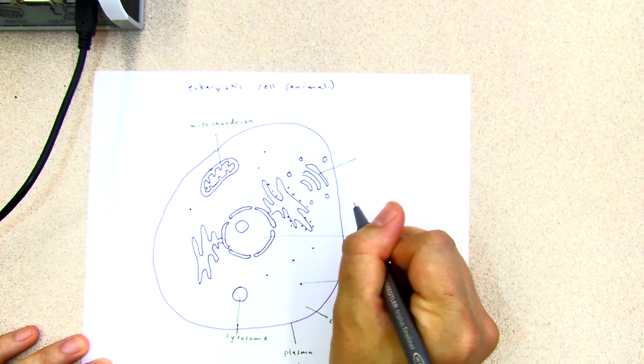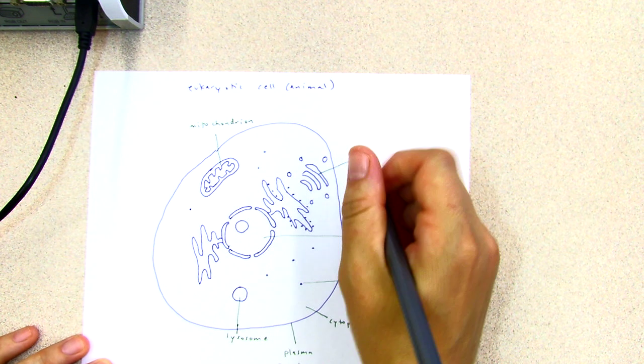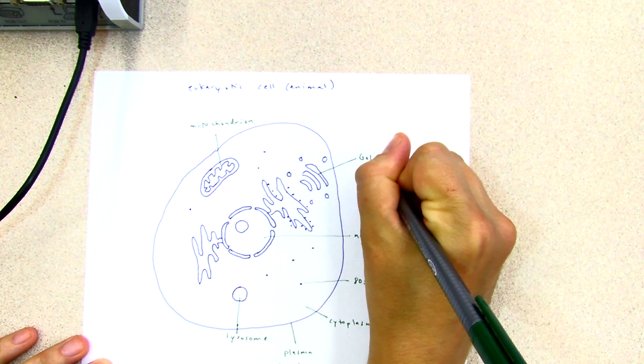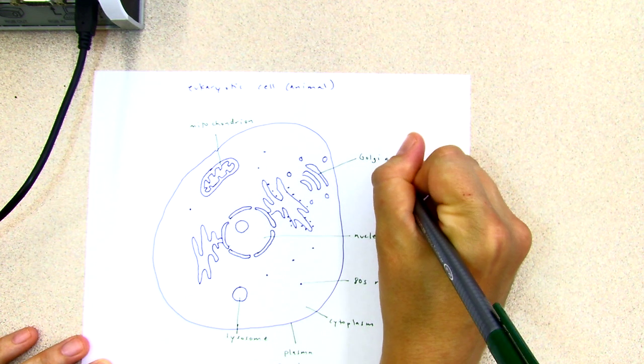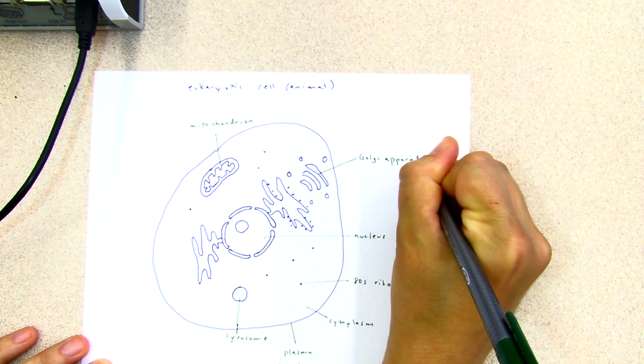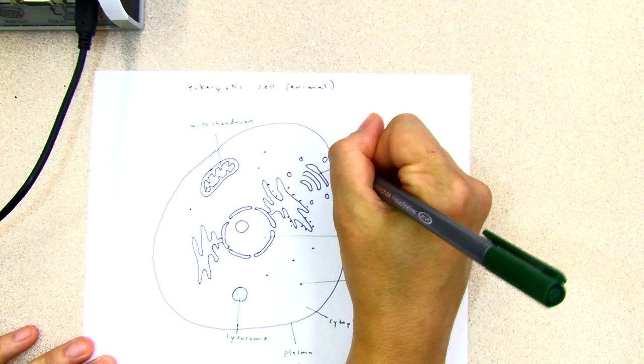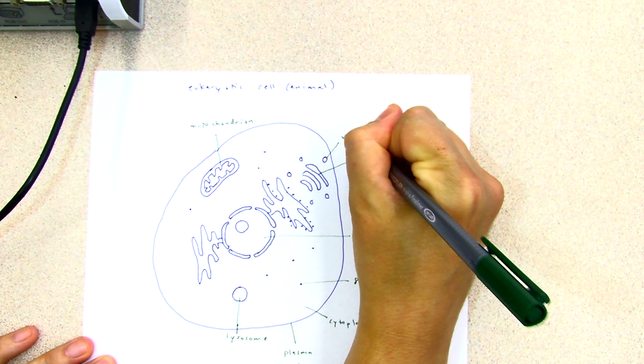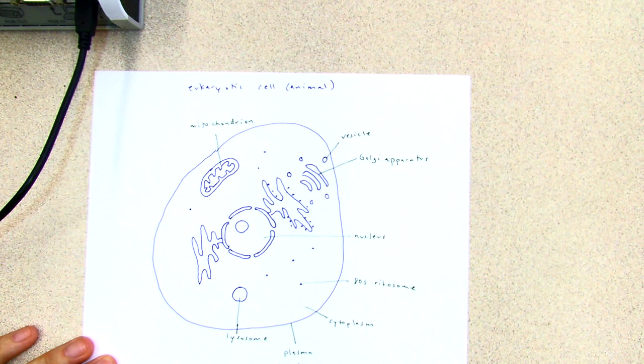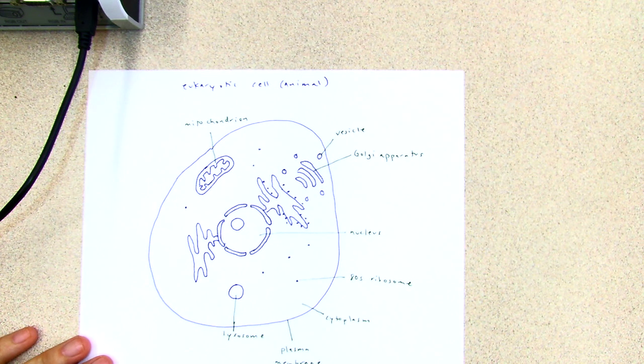This series of stacks here and the associated vesicles is the Golgi apparatus. Or the Golgi complex or the Golgi bodies, it's the same thing. I'll label one of these as a vesicle. A vesicle is just that small membrane-bound sac.